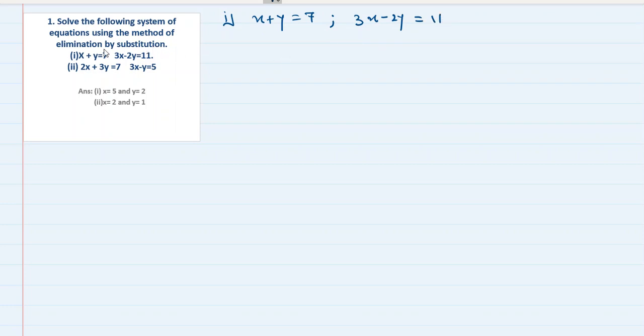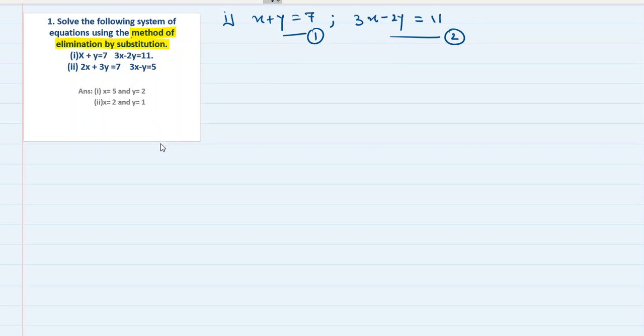Now see, remember we are using the method of elimination by substitution. Now what is this method? Please pay attention. In this method you will select one of the given equations. This is equation number 1, this is equation number 2. Which equation should we select?